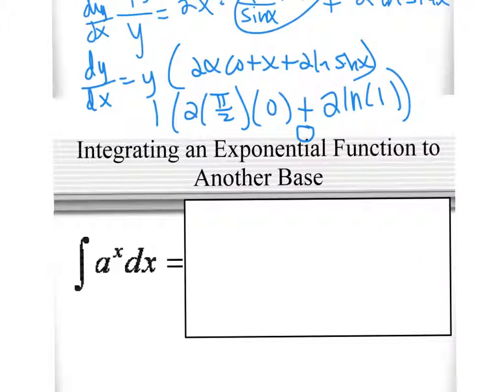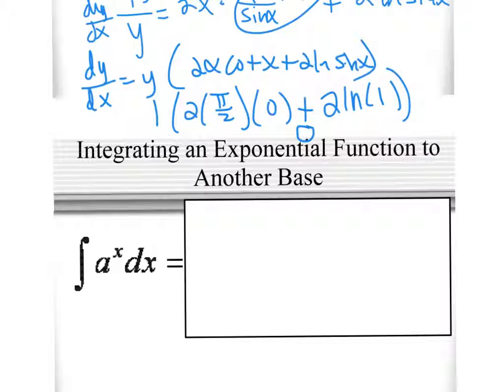Integrating an exponential function. Yeah, getting into the good stuff. Okay, so integration, you can kind of tell what it's going to be based off of what we already did. However, if you think about the derivative from what we had before, if we took the derivative of a to the x, it's a to the x times the ln of a. So to integrate that, we need to undo what we just did.